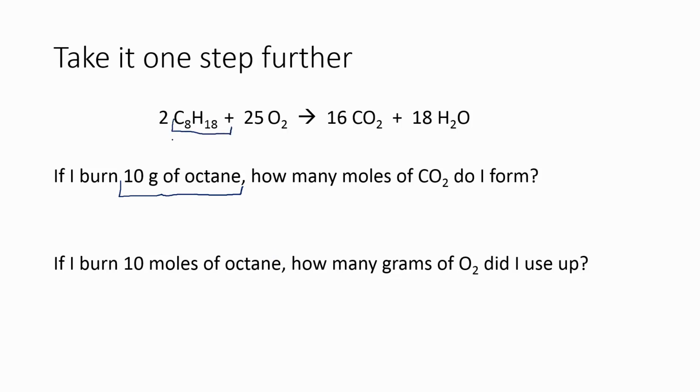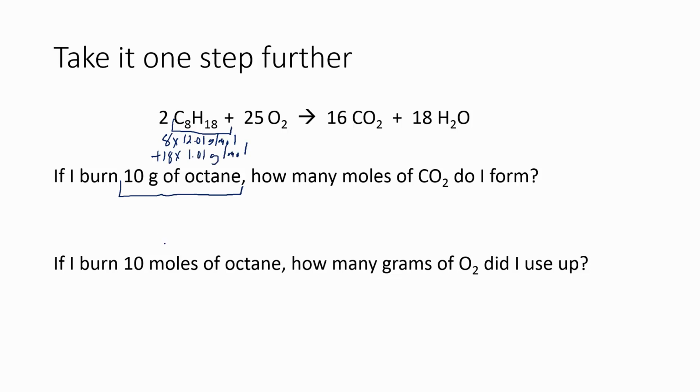I just have to add up this number of carbons, so 8 carbons times 12.01 grams per mole from the periodic table, plus 18 hydrogens times 1.01 grams per mole.